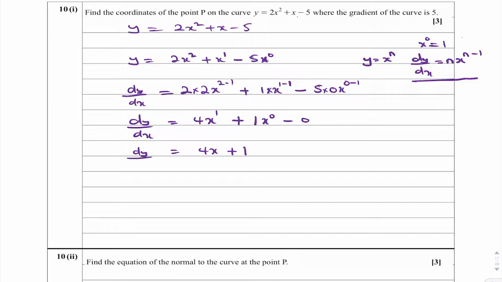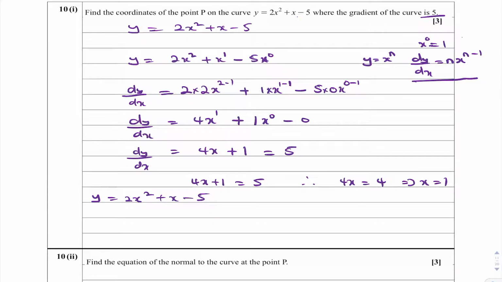So that's the dy dx. And that actually equals 5 from the question here. So we can solve for this to find the coordinates. 4x plus 1 equals 5. Therefore, 4x equals 4, which implies that x equals 1. When x is 1, plug that back into the equation to get y. So we know y equals 2x squared plus x minus 5.